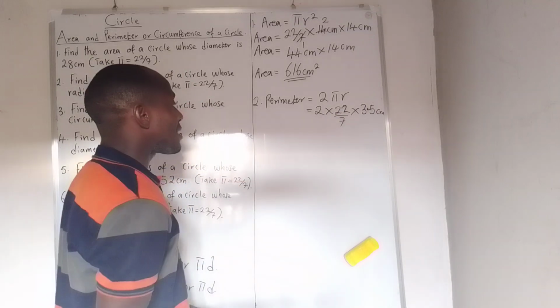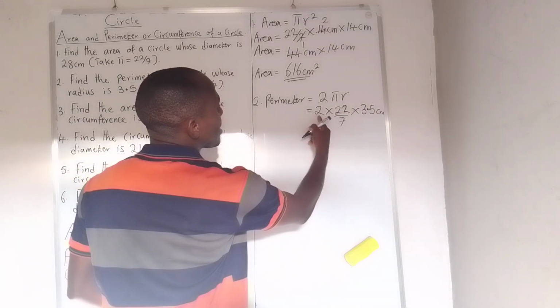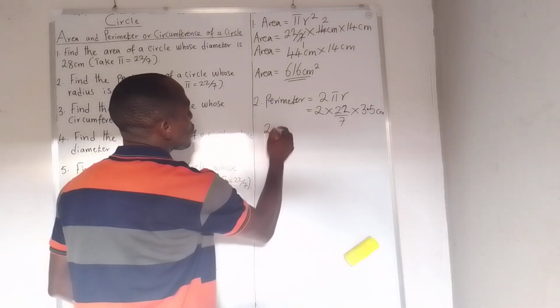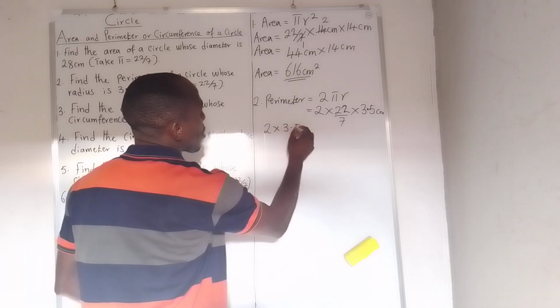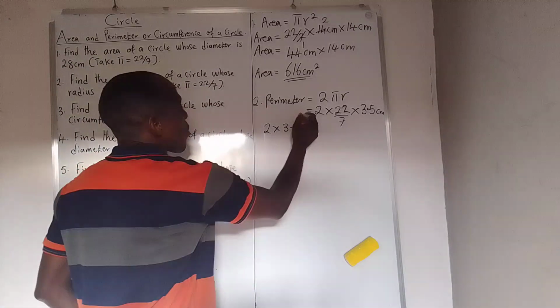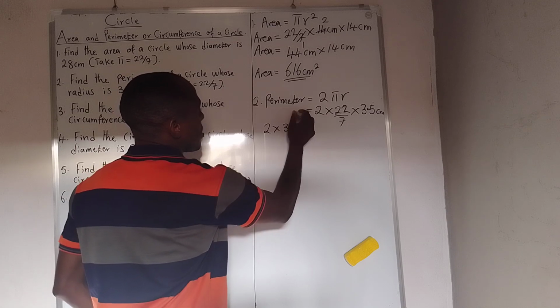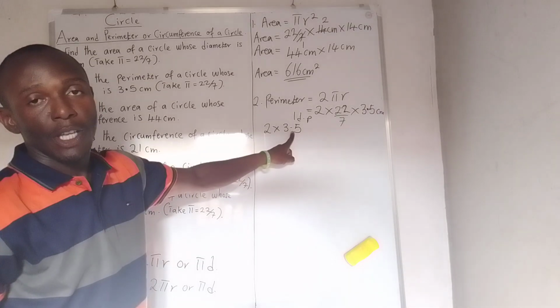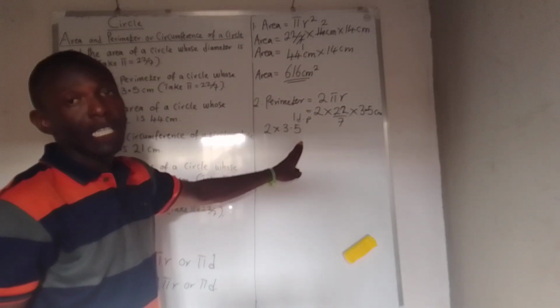Okay, let's quickly do that. Let's start with a simple number: 2 multiplied by 3.5. This number has one decimal place. Now, we remove the decimal point, and after we multiply, we return the decimal point.